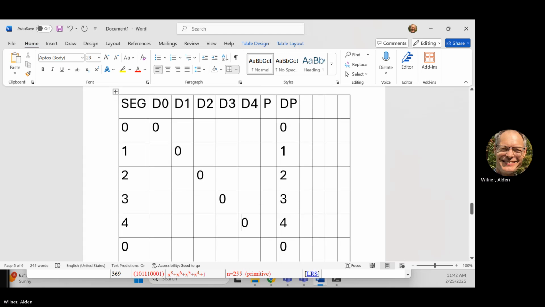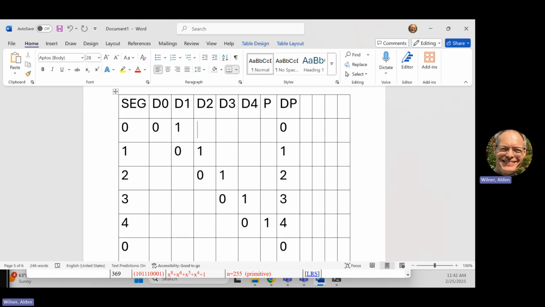Okay. P is going to be basically drive 5. That's what we'll call it. So when the drive number is 1 bigger than the segment number, that's diagonal stripe 1. 1 minus 0, 2 minus 1, so on and so forth. 1, 1, 1, 1, and 1.